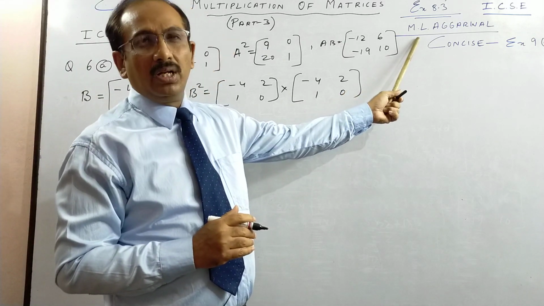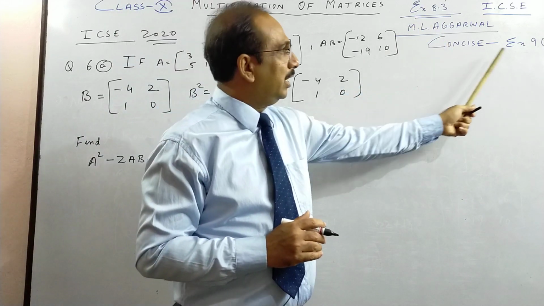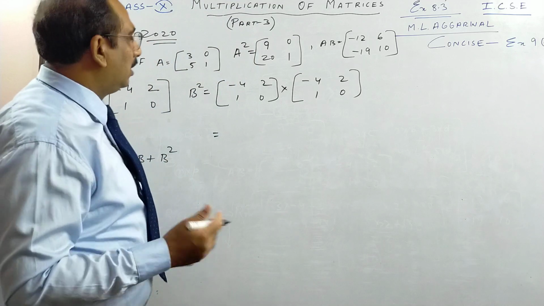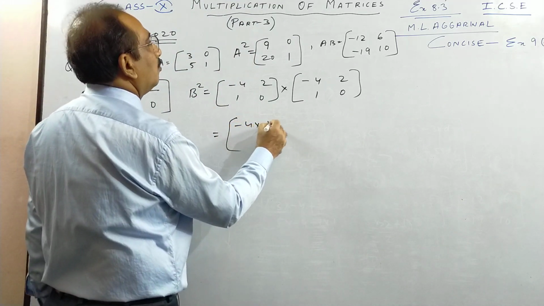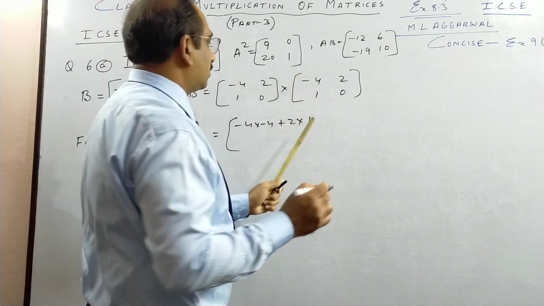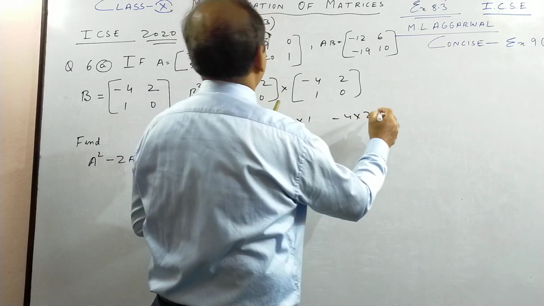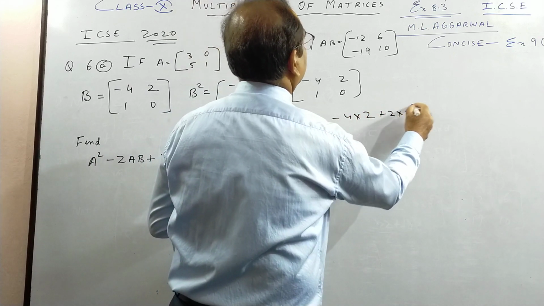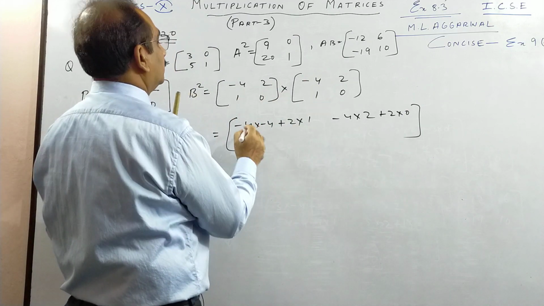If you are using ML Agrawal, we are in exercise 8.3. If you have the concise, it is exercise 9.3, and you can see ICSE papers. So minus 4 into minus 4 plus 2 into 1, first row, first column. Then first row into second column, then this with this.